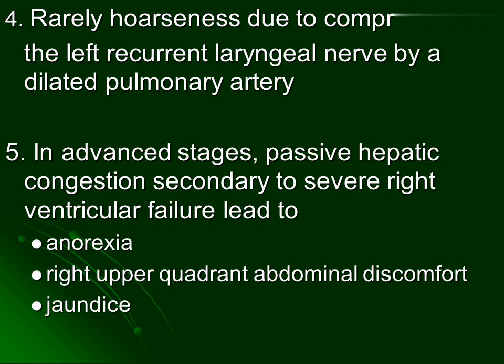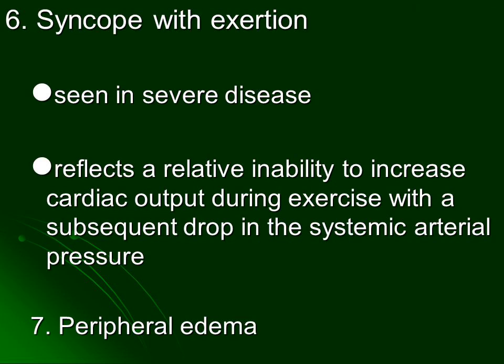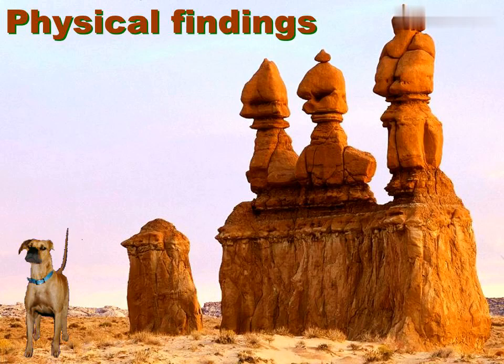In advanced stages, passive hepatic congestion secondary to severe right ventricular failure leads to anorexia, right upper quadrant abdominal discomfort, and jaundice. 6. Syncope with exertion is seen in severe disease; it reflects a relative inability to increase cardiac output during exercise with a subsequent drop in the systemic arterial pressure. 7. Peripheral edema.